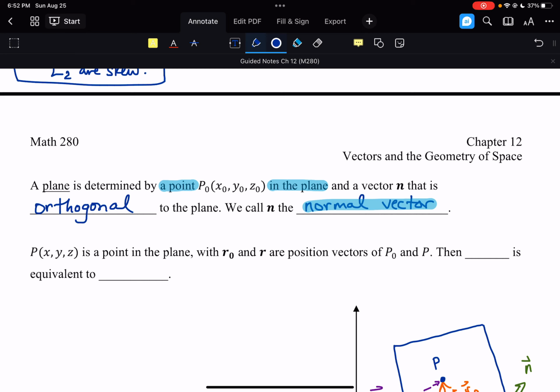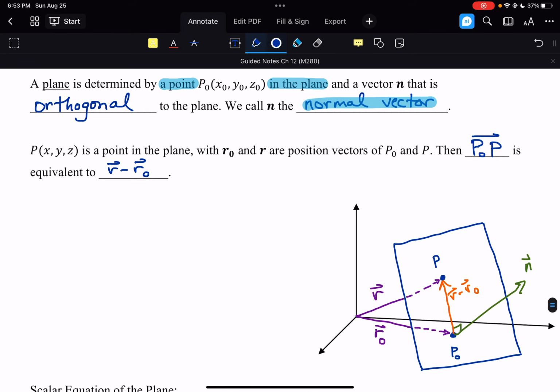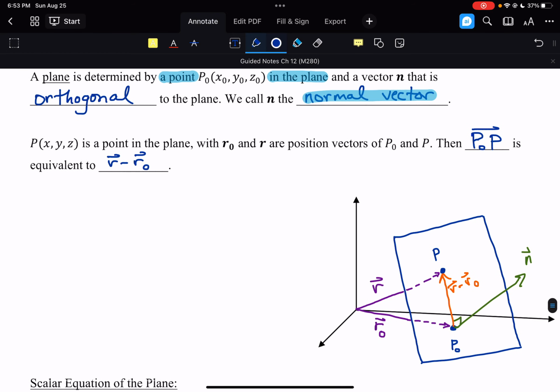So P is a point in the plane with r naught and r the position vectors of those points P naught and P. Then the vector P naught P is equivalent to r minus r naught. And right here I have a little diagram to help with the visual of this.